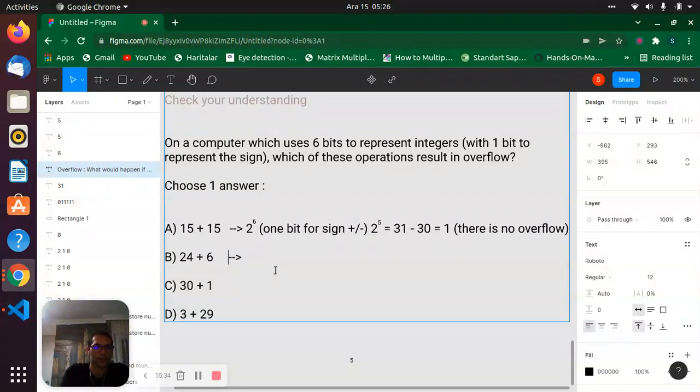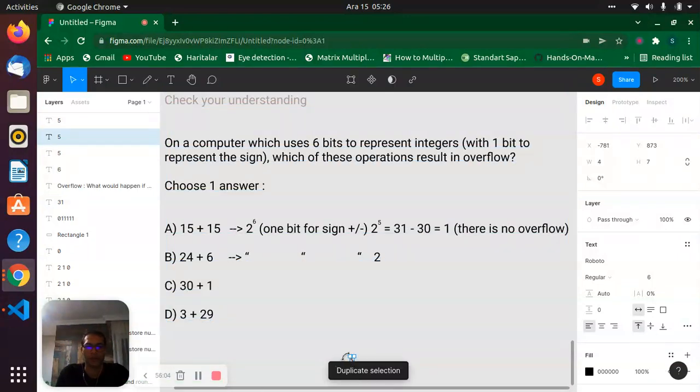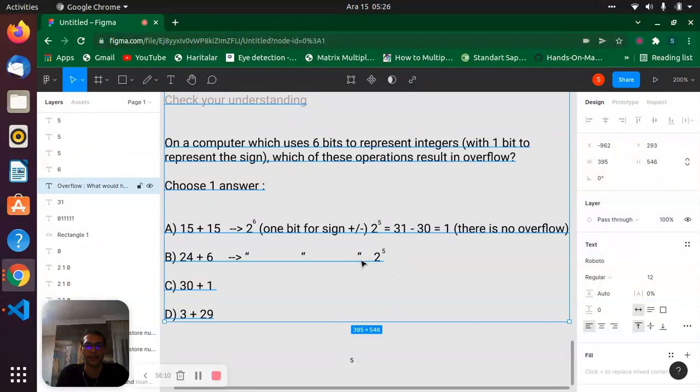Let's look at the other one. This one will be the same again, representing the same thing. Say this equals, again we do the same operation.